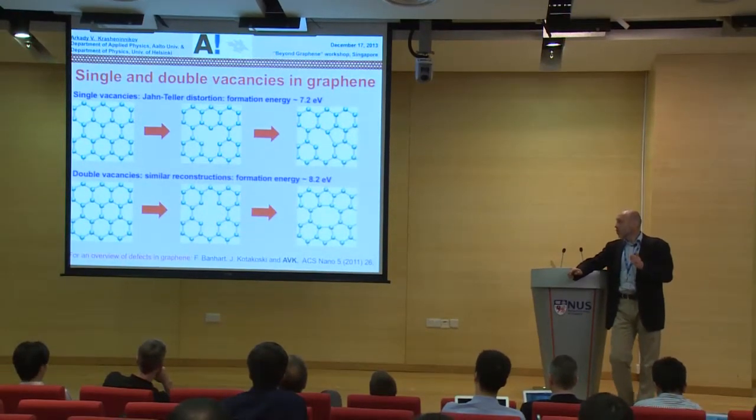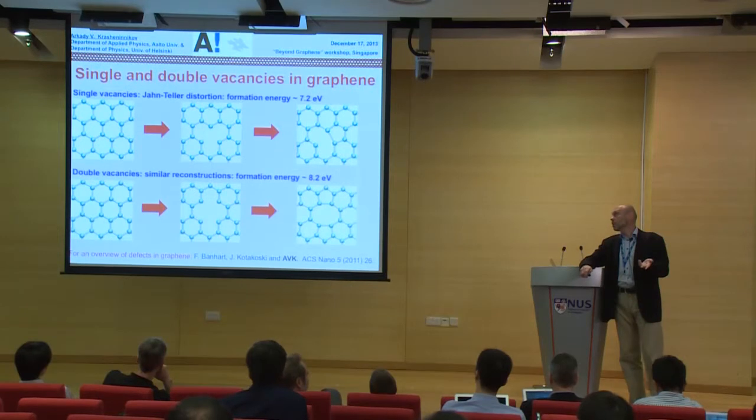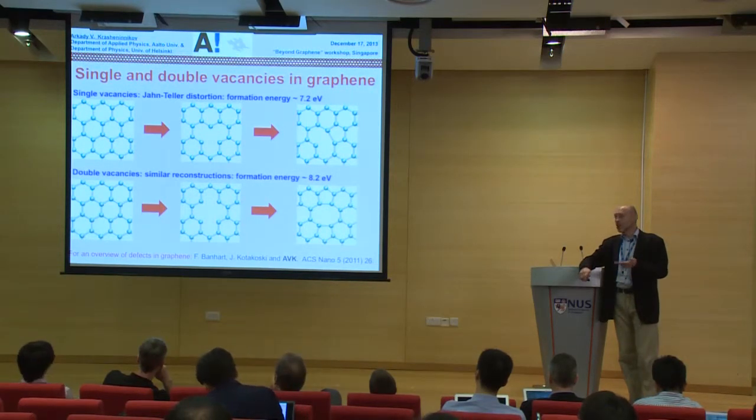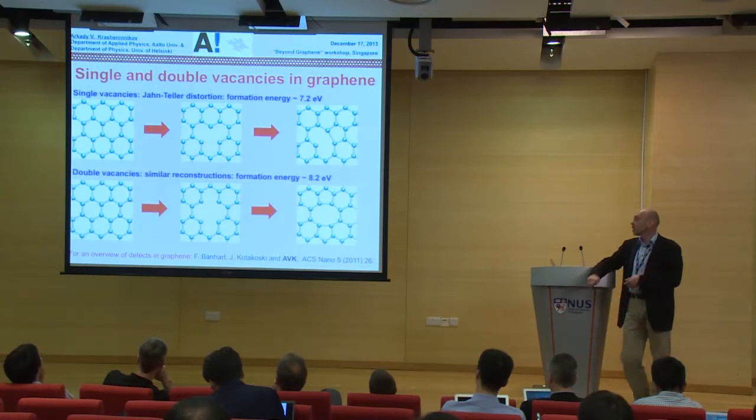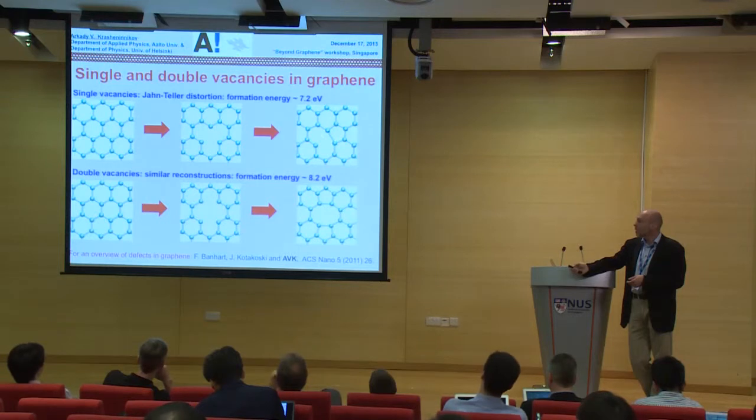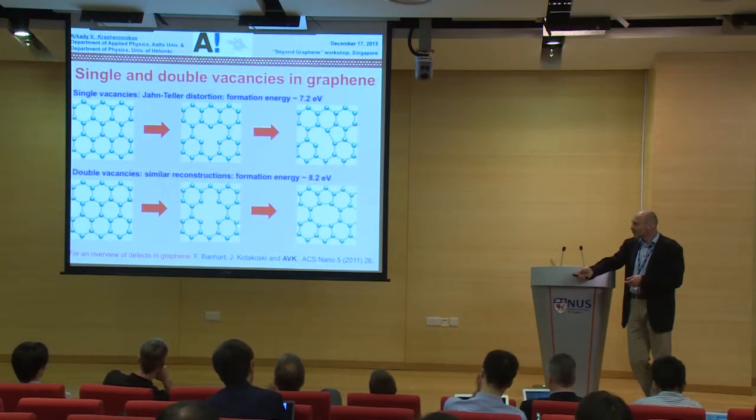Okay, I would like to remind you that in graphene, when you take out a carbon atom, it's energetically quite expensive, but under beam radiation it can happen. You have a Jahn-Teller reconstruction of the single vacancy, with formation of a pentagon here, and the same works for the divacancy. So you have a formation of new bonds here, and this is not the end of the story.